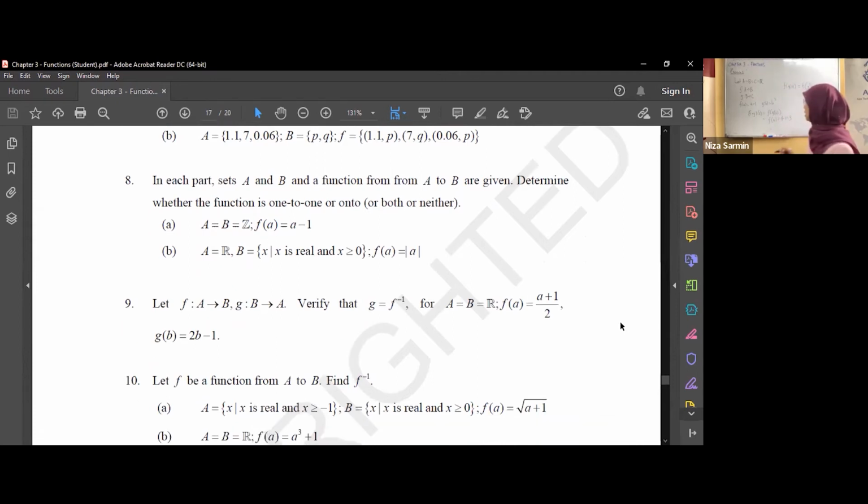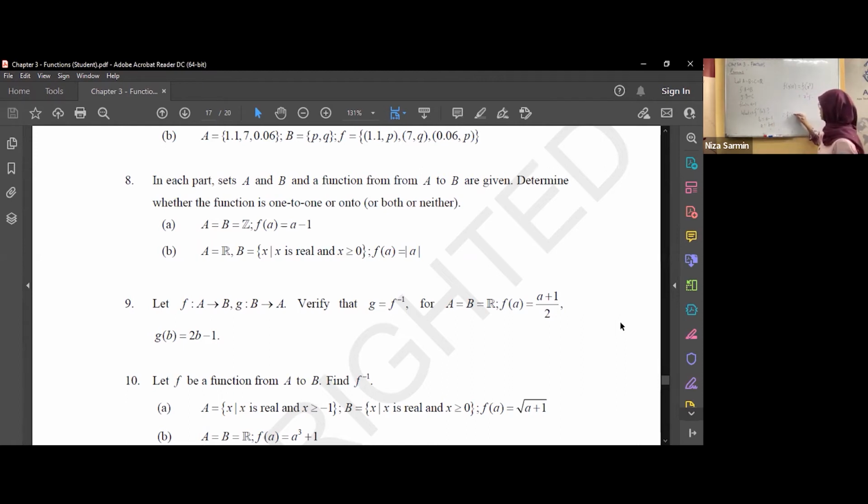Okay, how do you find the inverse? I'll show with this one. What is f inverse of a? I'm sure you still remember this from school, in which you put it equal to y, or if it is a and b, you put b equal. So b is a minus 1, a is b plus 1.